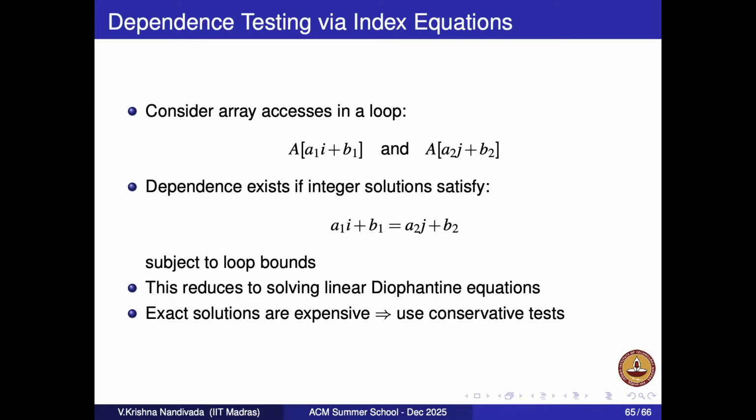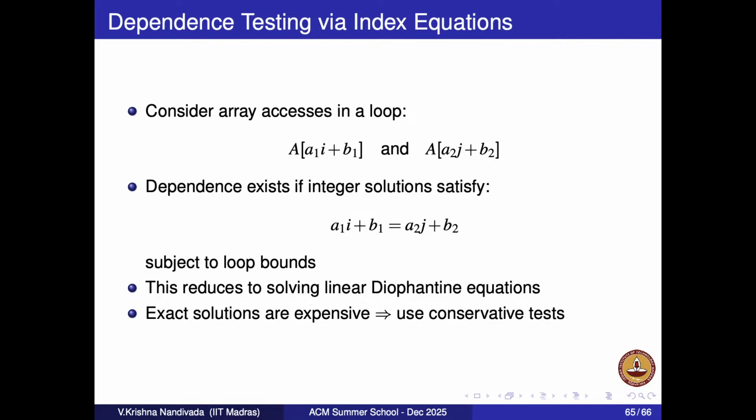So somewhere in my loop I have A1 I plus B1, and somewhere I have another access A2 J plus B2, where I and J could be computed based on the index variable. This could be I plus 1, this could be I minus 2, where I is the index variable. For example, in our example, this is I minus 1. So at one place I am accessing with I minus 1, some other place I am accessing with I.